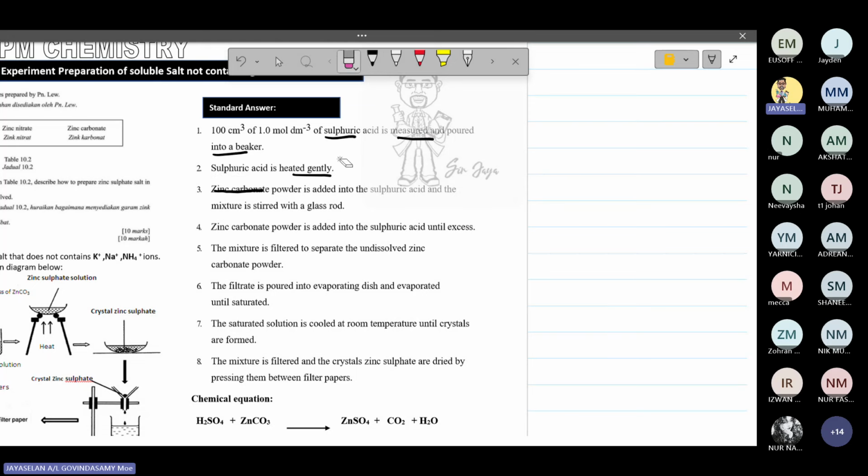So you change this into what? Copper 2 oxide is added into the sulfuric acid and the mixture is stirred with a glass rod. Copper 2 oxide is added until in excess. The mixture is then filtered to remove the undissolved copper 2 oxide, the part that did not react.